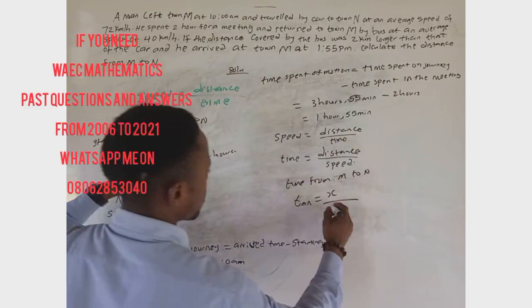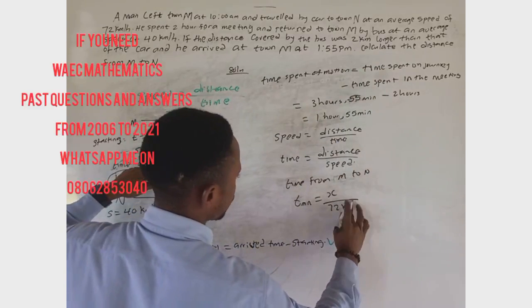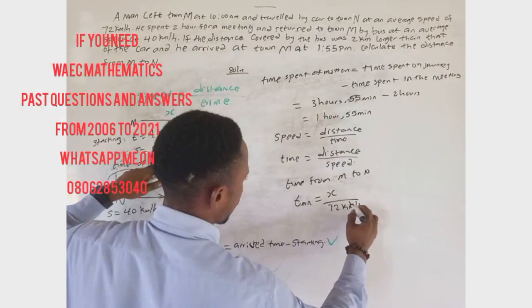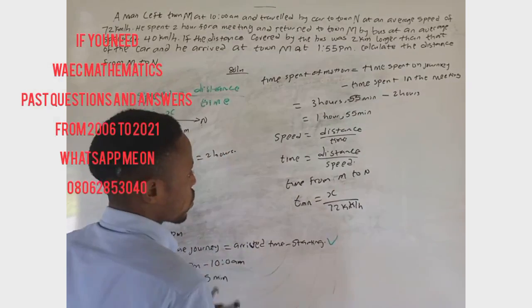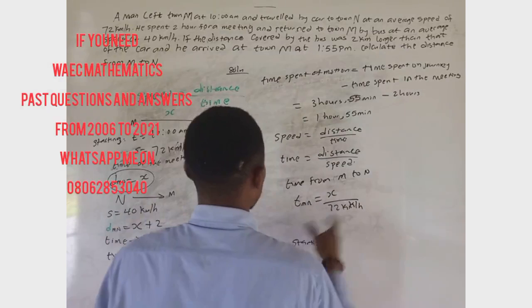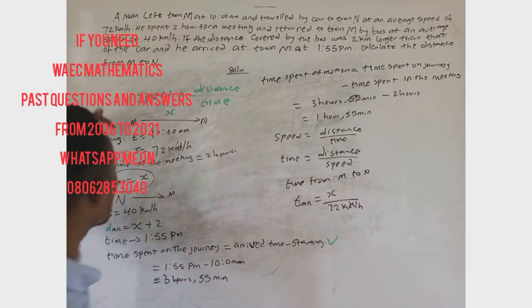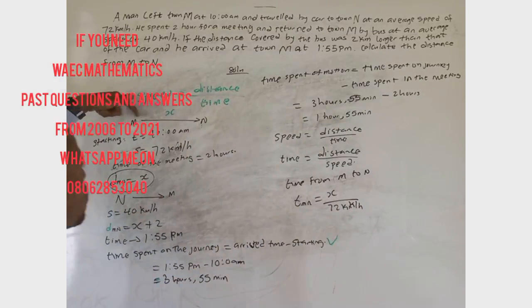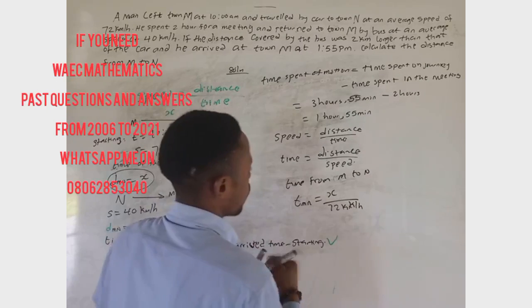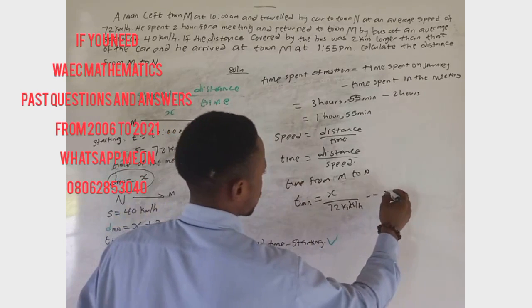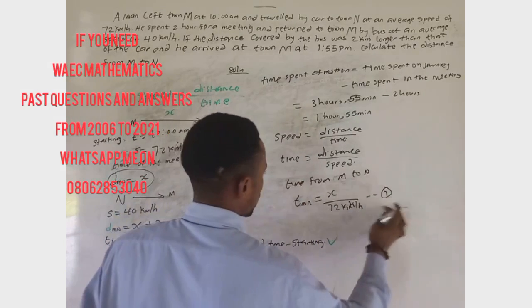Our speed is 72 kilometers per hour. That is for the time of the journey from M to N. Let's call this one equation 1.